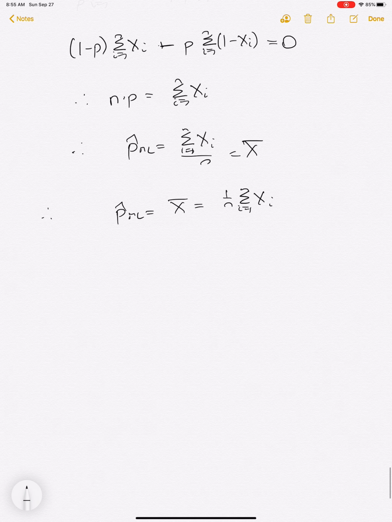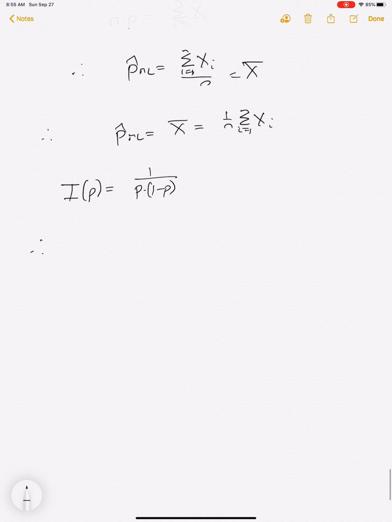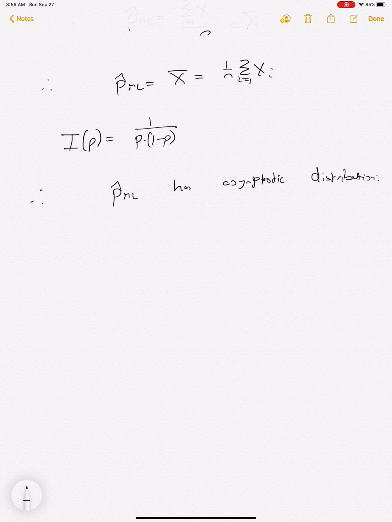Okay, and then we also calculated the Fisher information earlier. So I(p) is 1 over p times (1 minus p). Therefore the overall asymptotic distribution of p hat ML is: square root of n times the square root of I(p) times (p hat ML minus p) should go to normal(0, 1).